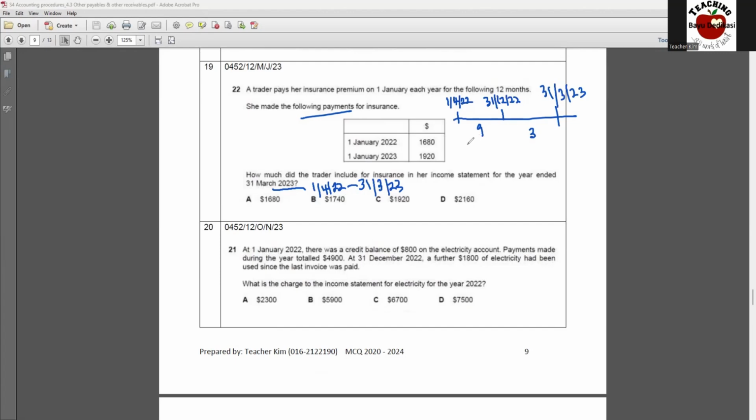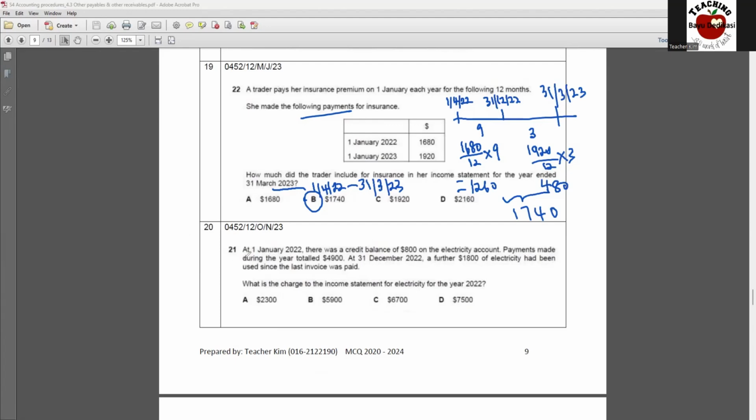So in this 9 month, how much should we recognize in the income statement? We divide by 12 times 9. Whereas this one is 1920 divided by 12 times 3. So this amount, we get 1260. And then this amount is 480. So these two added together, we get 1740. So the answer is B.